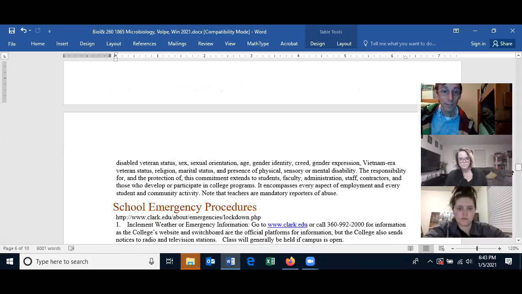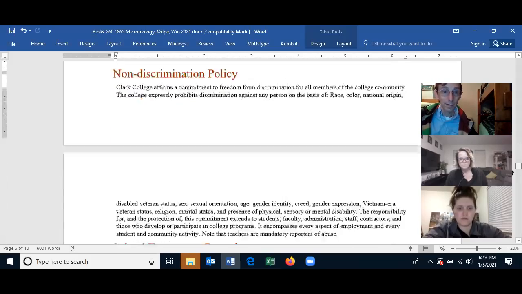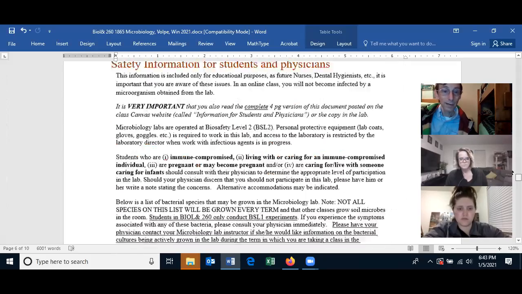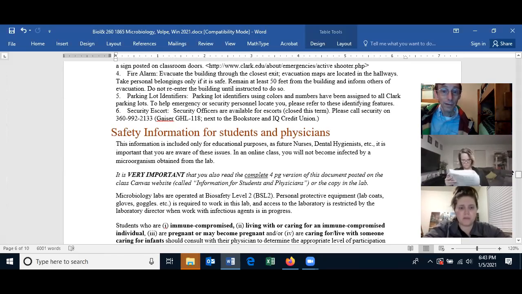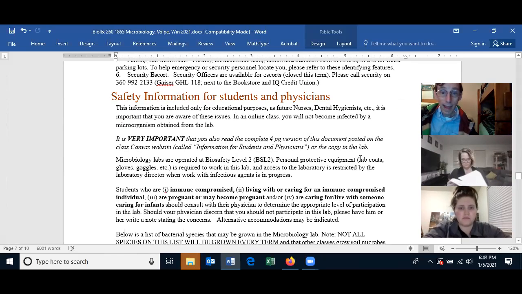Support for students, we've already talked about that. Non-discrimination policy, school emergency procedures, you can read about that. Safety for students and physicians. You're not actually going to be in the lab being exposed to microorganisms.